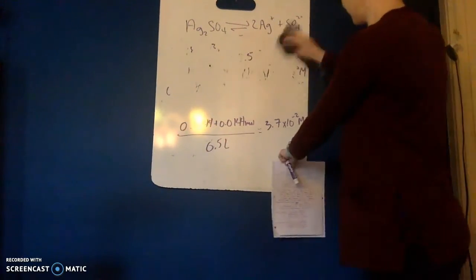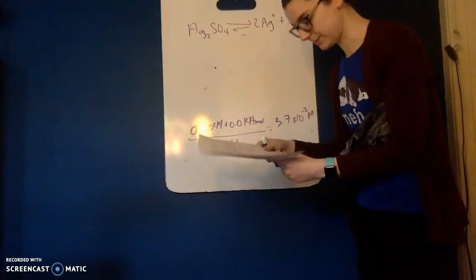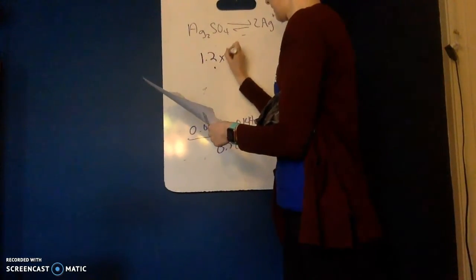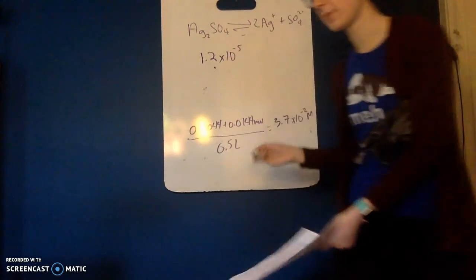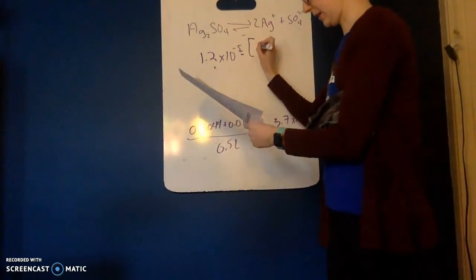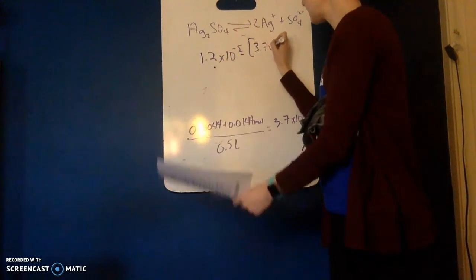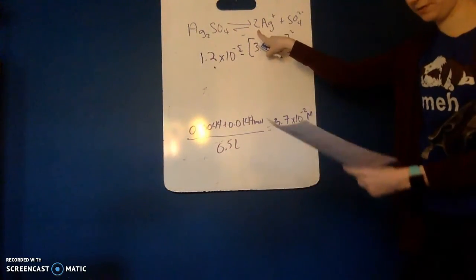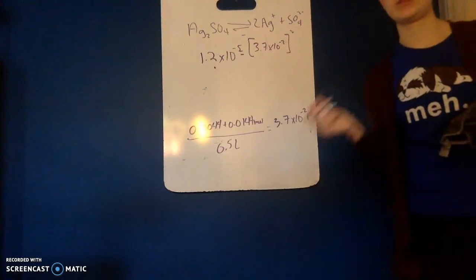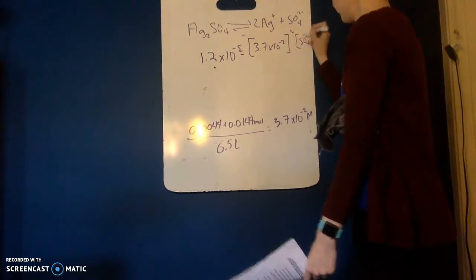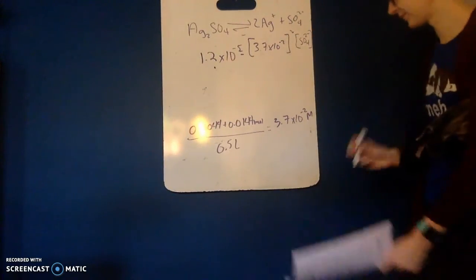Our Ksp value is a constant. That's what K means. So our Ksp value is going to remain at the same temperature, 1.2 times 10 to the negative 5. We increased the concentration of silver, so that's going to be 3.7 times 10 to the negative 2, and we have to square it, again because of that coefficient, and now you want to solve for the new concentration of SO4 2-.